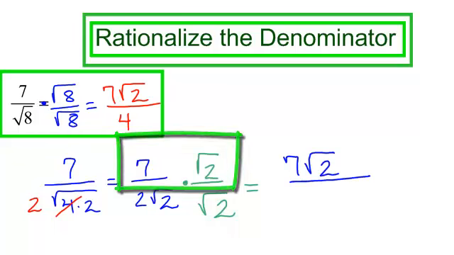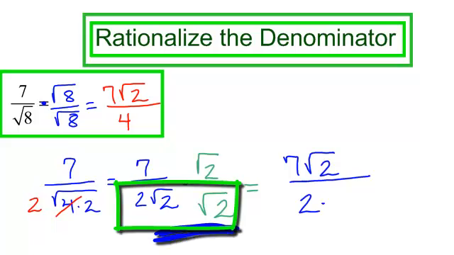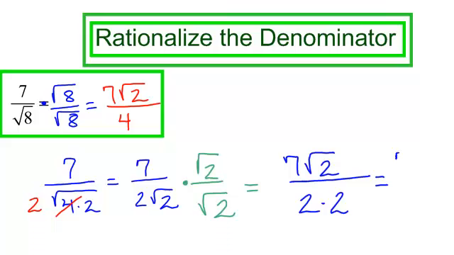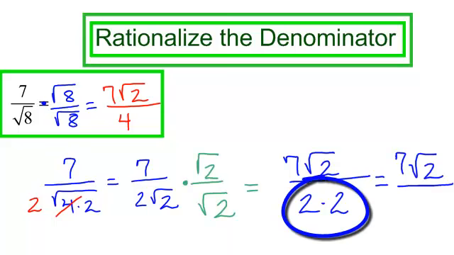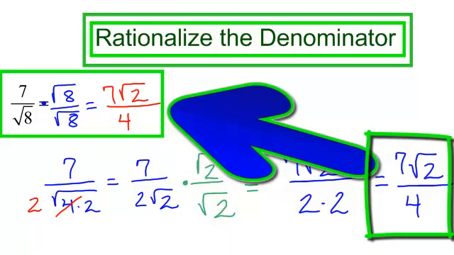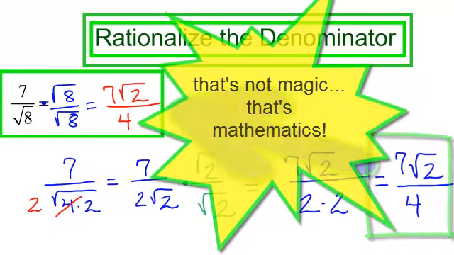In the denominator, I have the 2 out in front. But then I have radical 2 times radical 2, which is radical 4, but radical 4 is just 2. In the numerator, I have 7 radical 2. In the denominator, I have 2 times 2, which is 4. You know what I'm going to say. That's not magic. That is mathematics.